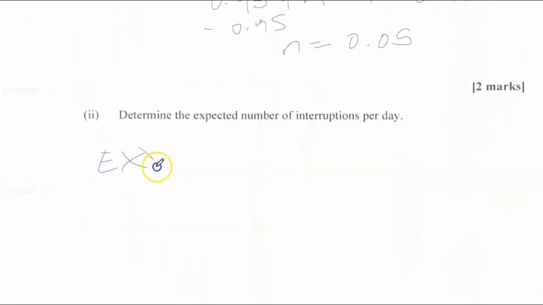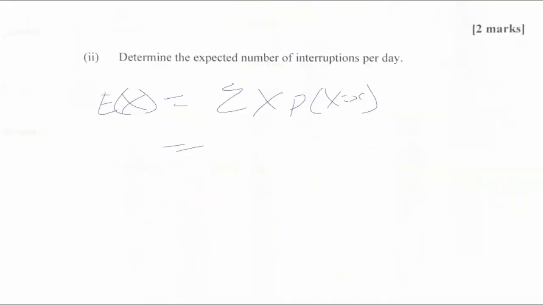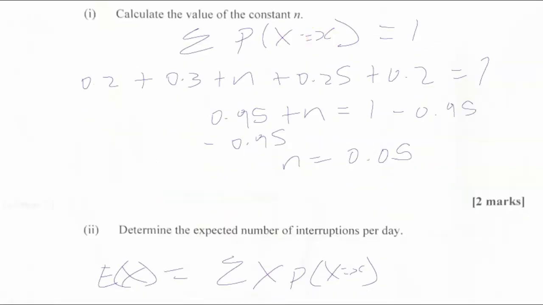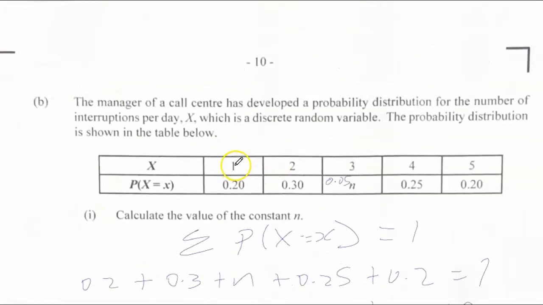So the expected number of interruptions, X represents the number of interruptions, is the sum of X times the probability of X equal to x. So multiply the X times the probability. So 1 times 0.2 plus 2 times 0.3 and so on up to 5 times 0.2.